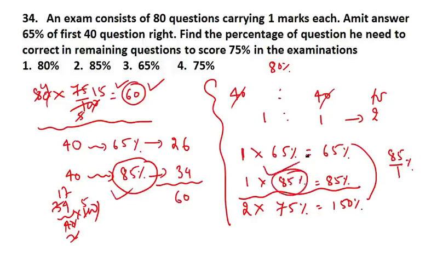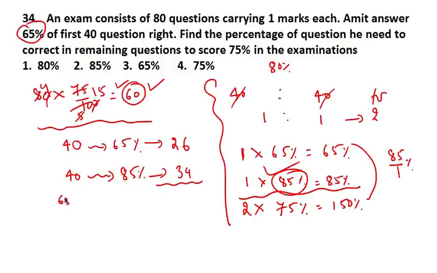This same question you can do with the alligation method also. That also I'll show you. Look, he got 65% already. Now how much he needs we do not know, so it is x%. Overall he needs 75%.